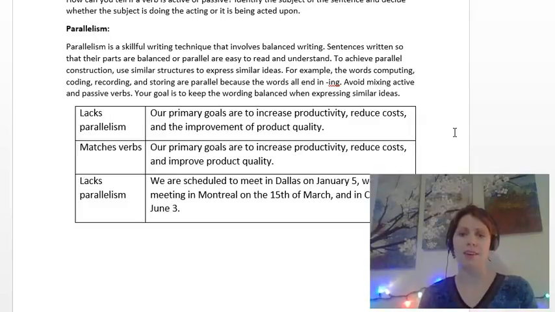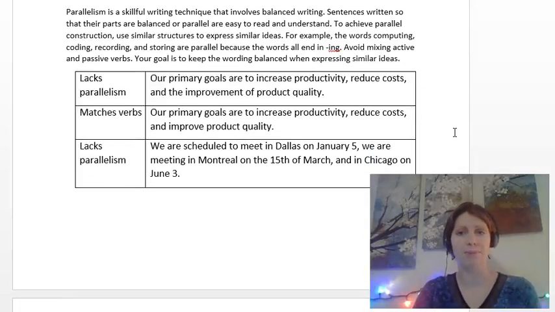Yes, they may have a similar meaning as well, or they're part of the same family of words, but they also all end in ing. Avoid mixing active and passive verbs. This will get very confusing. Do not mix your tenses. Your goal is to keep the wording balanced when you are expressing similar ideas.